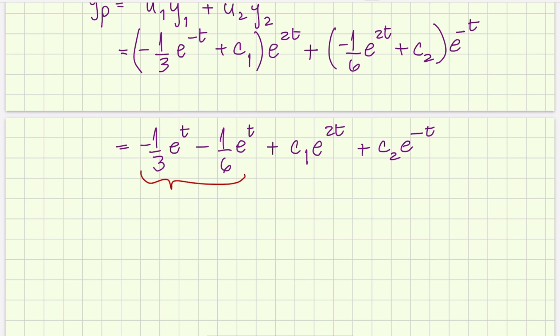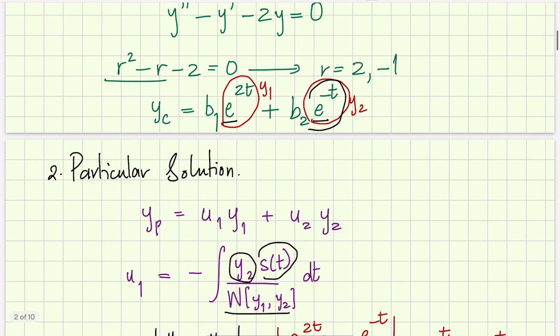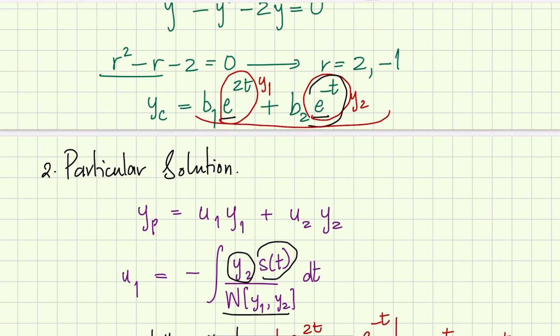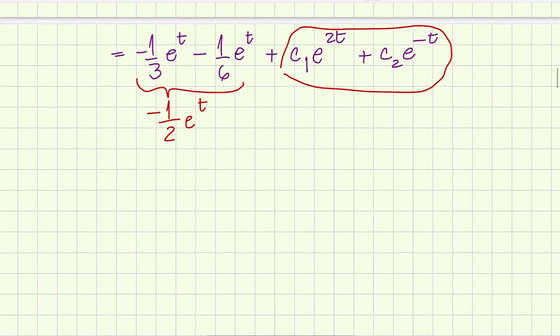These will simplify out to negative half e to the power t. And notice that these two are similar to our complementary solution. Look at this. It's just e to the power 2t and e to the power negative t multiplied by some constant. Same exact thing down here.